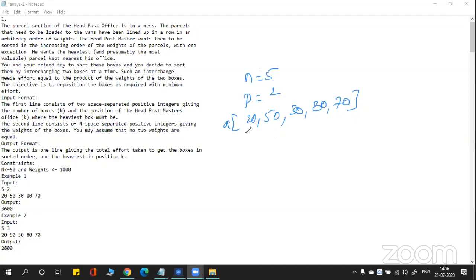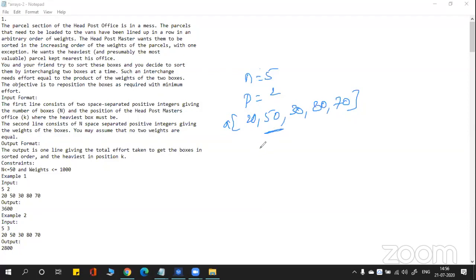Let us see the first input: 20, 50, 30, 80, and 70. At the second position we have a post office. So I need the maximum value at the second position.